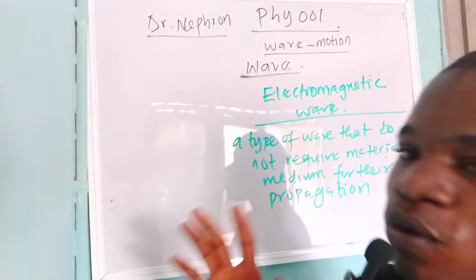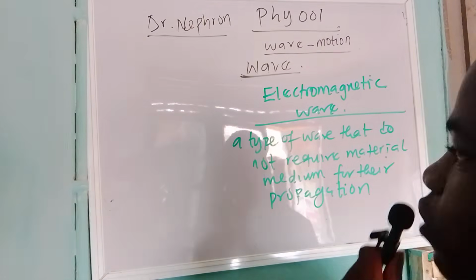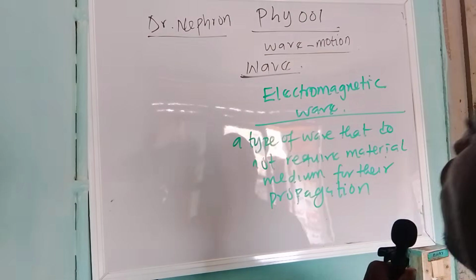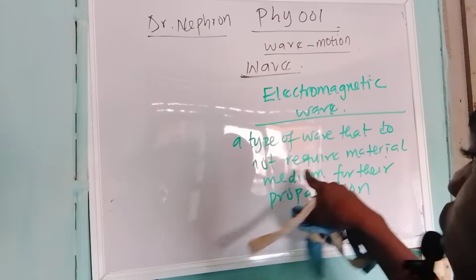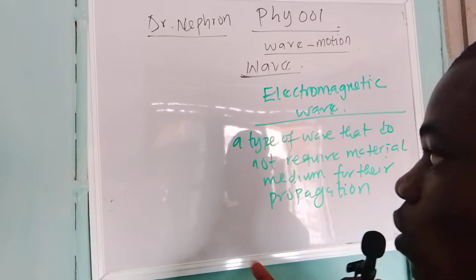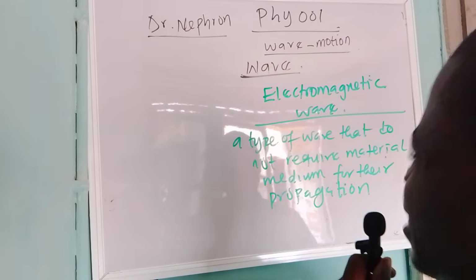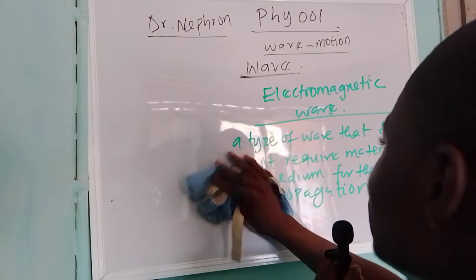Now, what are the examples of electromagnetic wave? Note this. A type of wave that does not require a material medium for its propagation is called an electromagnetic wave.